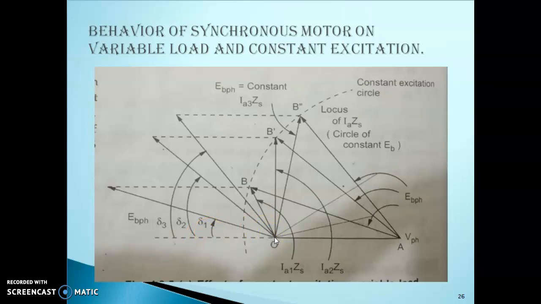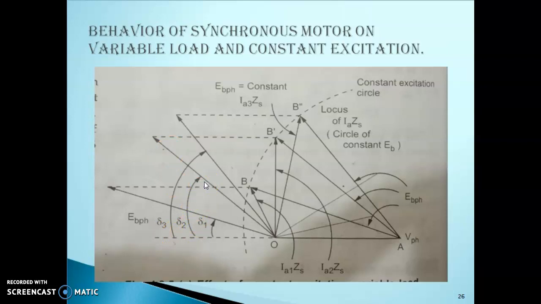Now as we are increasing load, the EBPH is again displaced from its initial position towards the right hand side by an angle delta 2 as shown in this figure. Okay, so EBPH is displaced from its ideal position by delta 2.